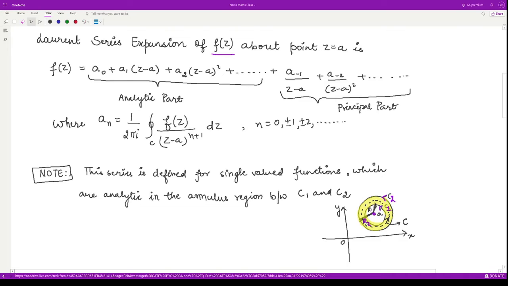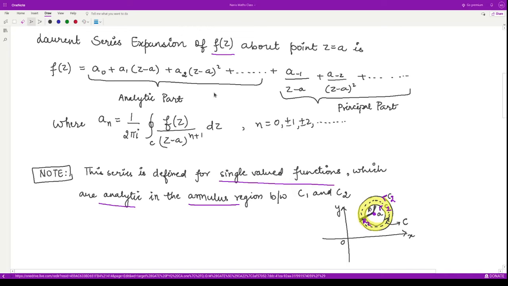So what we do is define our function in this region and say this is analytic in that particular annulus region between c1 and c2. Moreover, the function is single valued. In that case, this expansion is written like this: a0 plus a1 (z minus a) plus a2 (z minus a) square plus up to infinity, and then we have these terms in the denominator.